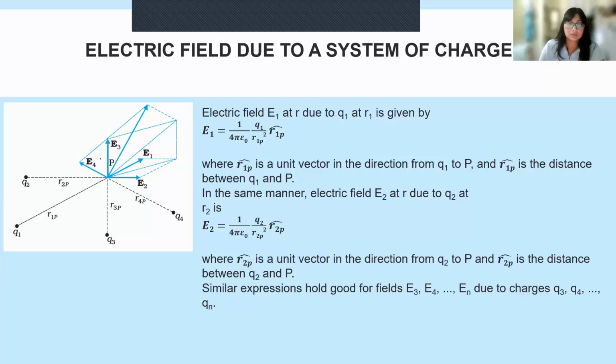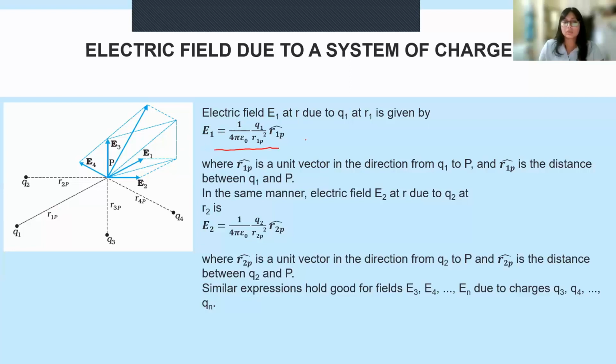So E1, this is the point P, suppose we are considering this. So the electric field experienced, E1, at distance R, due to Q1 that is situated at R1, is how we give it.